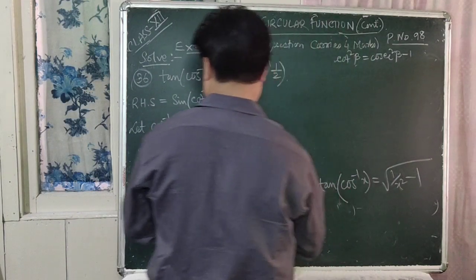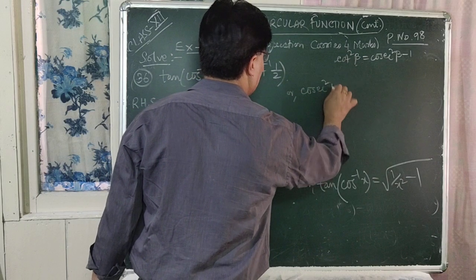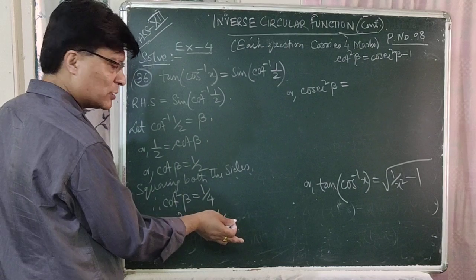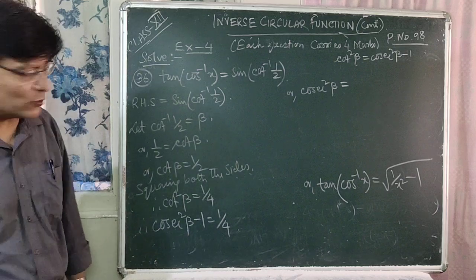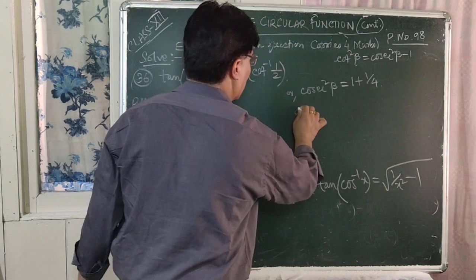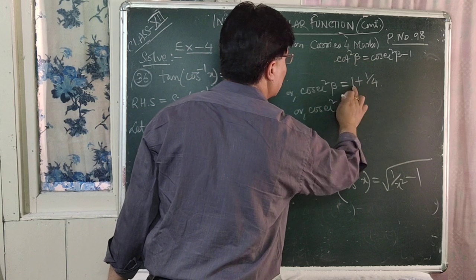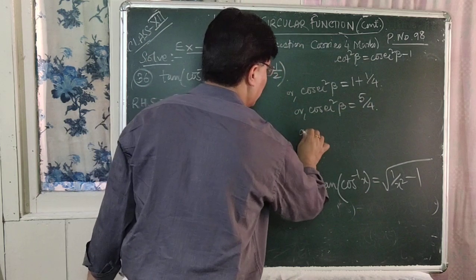Now, cosec square beta is equal to minus 1, it becomes plus on the right hand side, isn't it? Cosec square beta is equal to 1 plus 1/4, or cosec square beta is equal to 4 ones are 4 plus 1, that is 5/4.